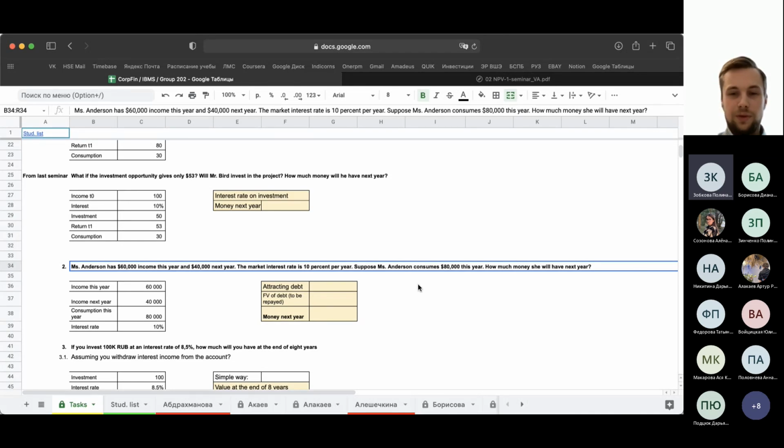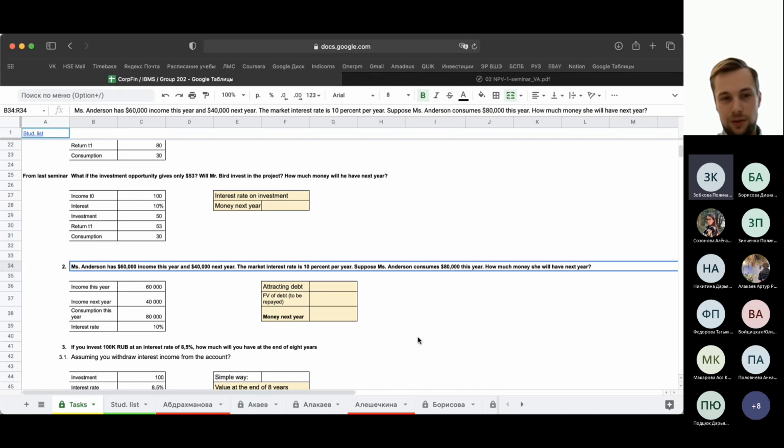Well, first of all, before you start your calculation, tell me what does it mean that she will consume more than the income that she has? Where should she find the money? From savings? Oh, or maybe borrow. Well, she will borrow or just use her savings.